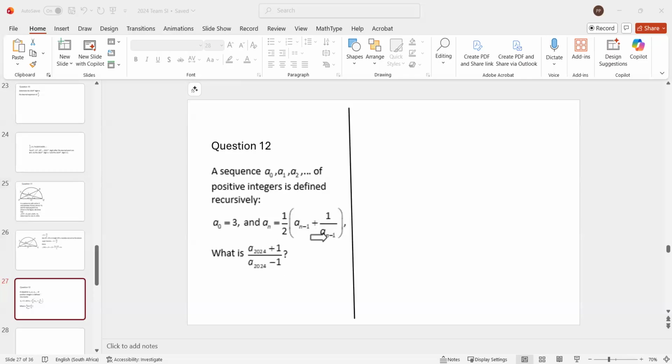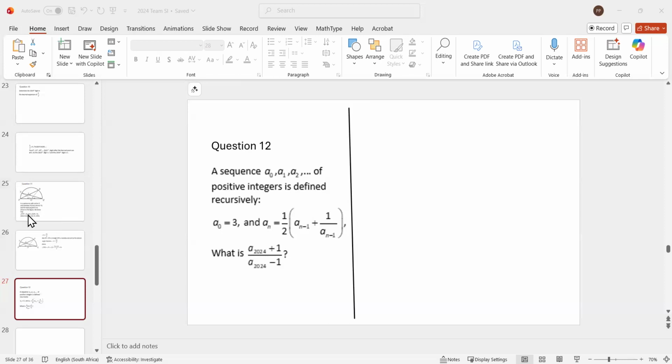All right, so it seems to me that what you have to do is to get a general formula for this type of thing. I need to work out a general formula for this and then substitute 2024 into that.